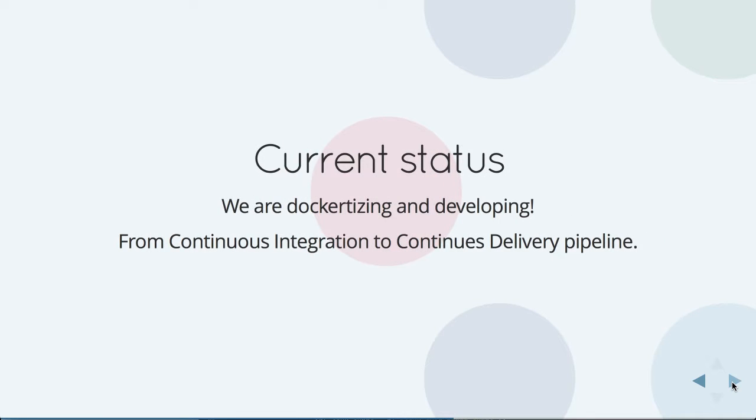What's the current status? At the moment we are developing our Docker containers. We started by improving our continuous integration platform. Right now we have an almost fully working continuous delivery platform that, starting from when the developers submit the code for review, is fully tested at every stage of testing.